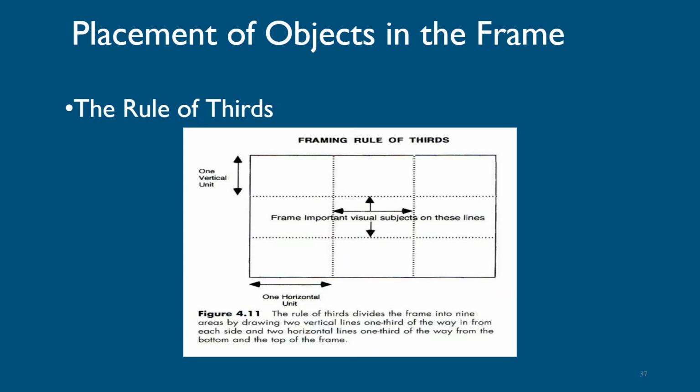Okay, so we'll talk about this a couple times. The rule of thirds. Right where these lines intersect is generally speaking where shots are framed. This is where our eye is kind of drawn and what we start to look for. Now that we have films that are coming out in this aspect ratio, you'll learn a little bit more about what aspect ratio is coming up. But we try and frame along these lines.